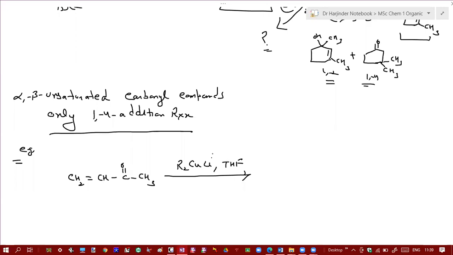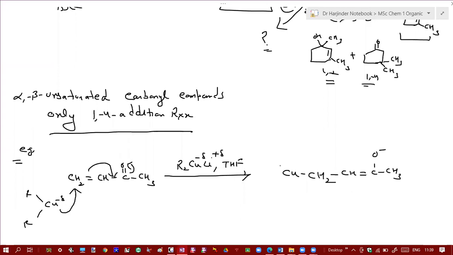Here you have a positive charge over lithium and negative charge over copper, so it acts as a nucleophile. It will attack over here, this will shift over here and this will shift to the carbonyl group, so here it will become this one.